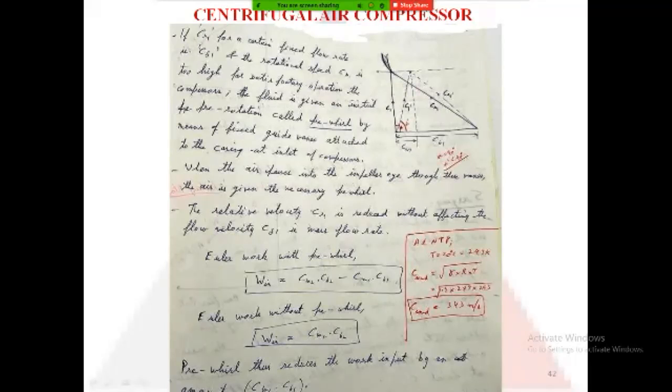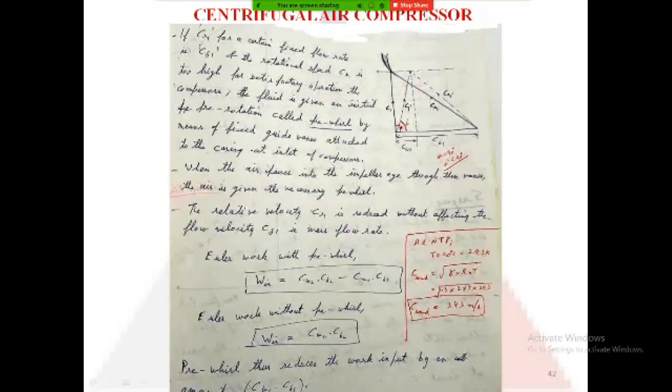Now from the Euler work, that is CW2 into CB2 minus CW1. So this minus sign means that by using pre-whirl, we are able to decrease the work input from the motor that we are using to run the compressor. So we are saving the Euler work, or the work done on the compressor.